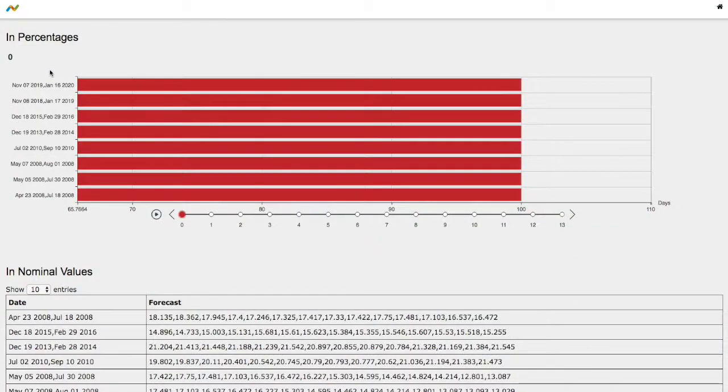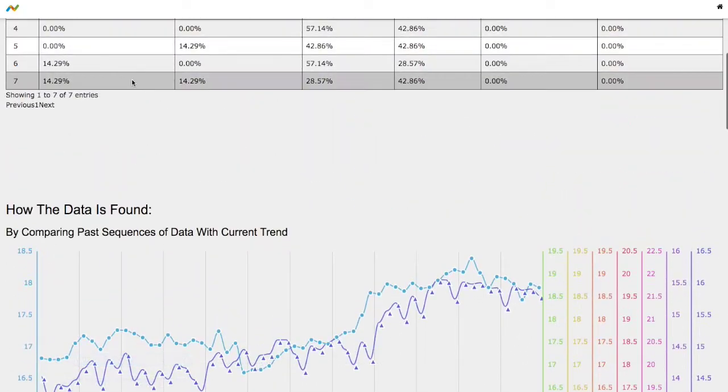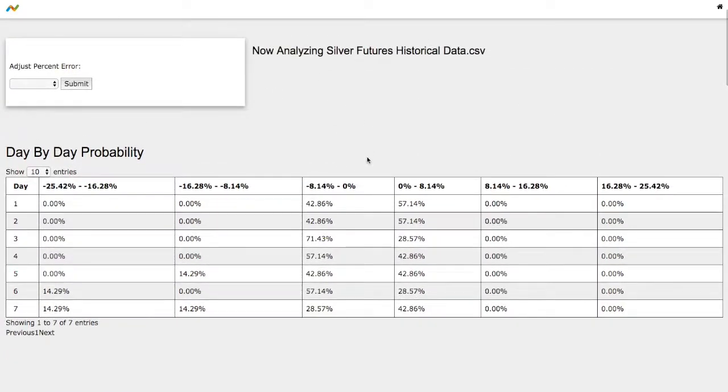So back to the day-by-day probability model, what we have here as the day progresses, we see a tight concentration between one standard deviation down and one standard deviation up, slightly in favor of one standard deviation down.